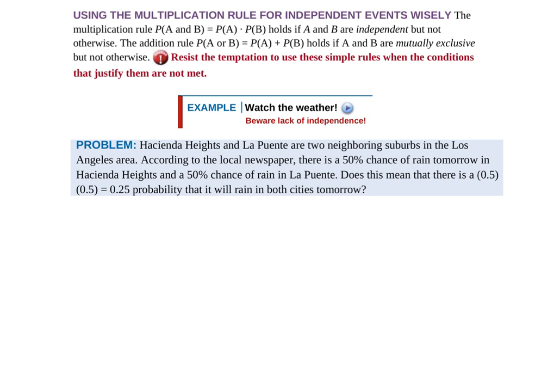Hacienda Heights and La Puente are two neighboring suburbs in the LA area. According to the local newspaper, there's a 50% chance of rain tomorrow in Hacienda Heights and a 50% chance of rain in La Puente. Does this mean that there is a 0.5 times 0.5, or 0.25, 25% probability that it will rain in both cities tomorrow?